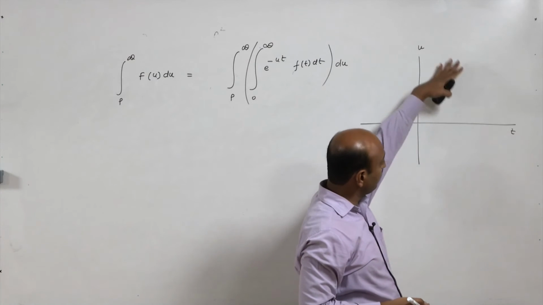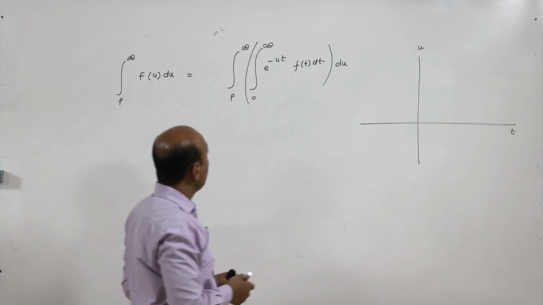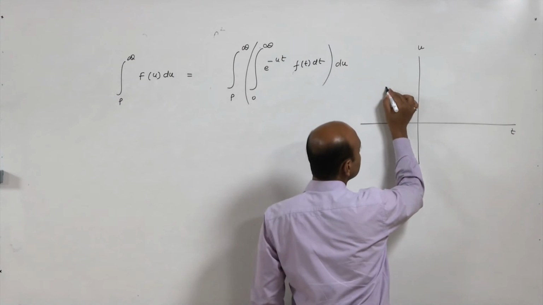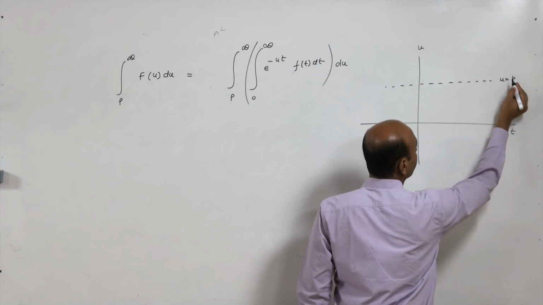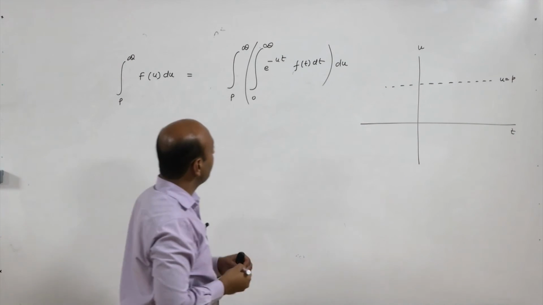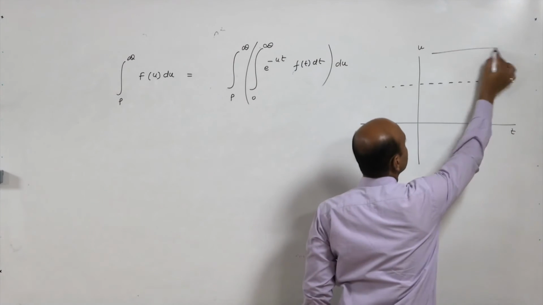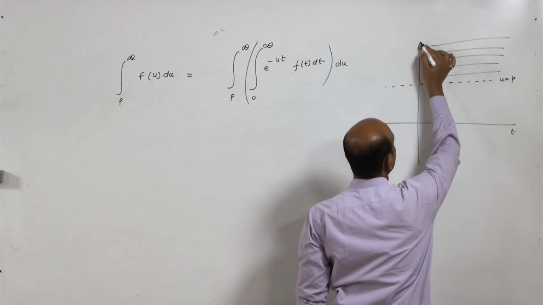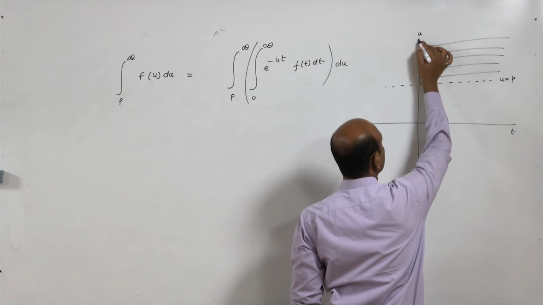And u is varying from p to infinity. Suppose this is the line u equal to p, and u is varying from p to infinity, that is from this to this side. So this is the required region of integration.